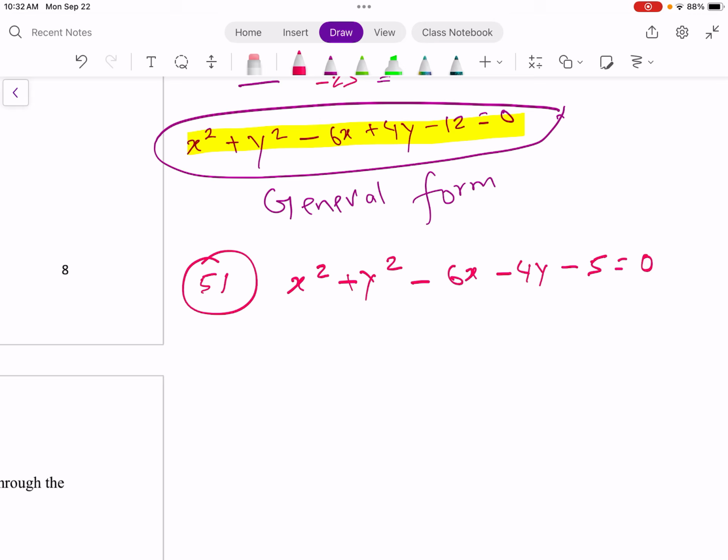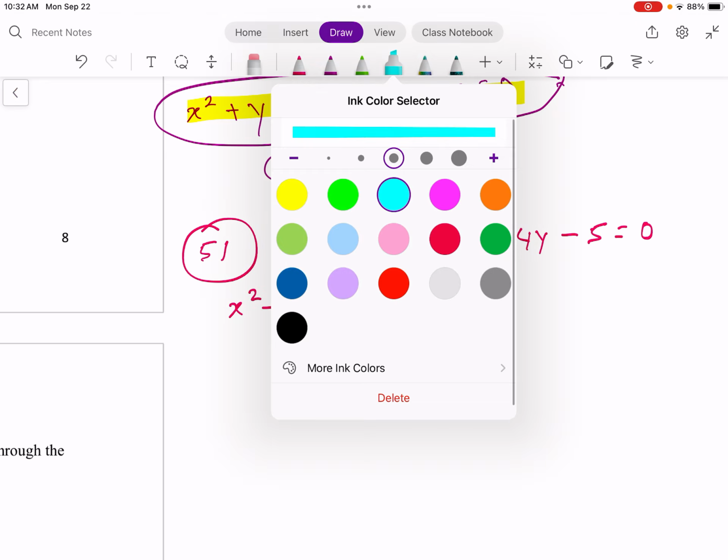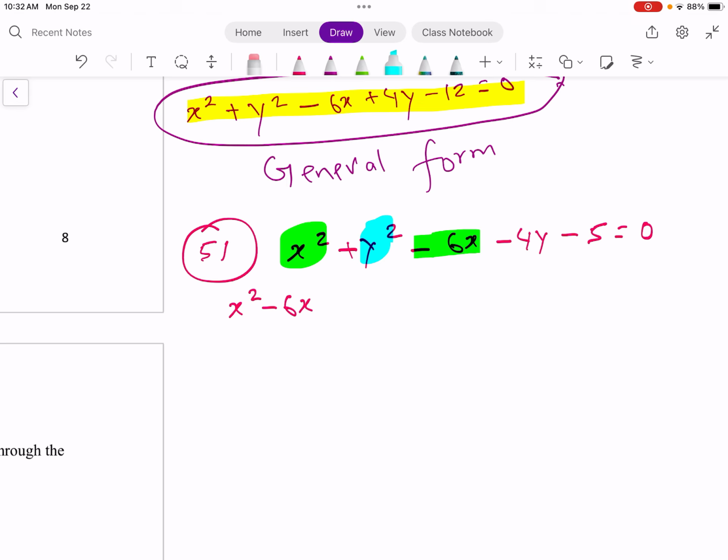Okay, what is the first step? We write down the terms with the same variable together. So we have x square and negative 6x. Both of these have x, so let's write them together: x square negative 6x. Next we have y square and negative 4y. These two expressions have the same variable, so we write them together.